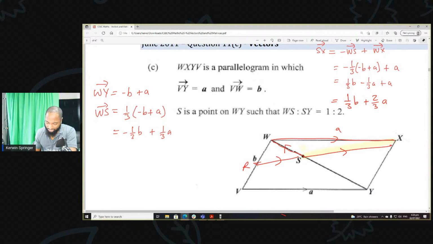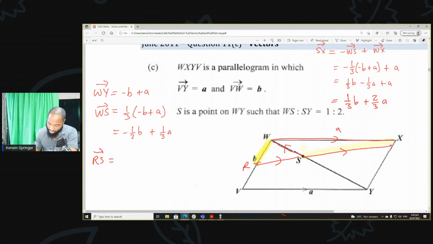RS is simple enough, because RS is the same as, where's SX? SX is over there. All right, good. We have SX, which is that. We're trying to find RS, right? RS is the same as RW, then WS. Are you following me?